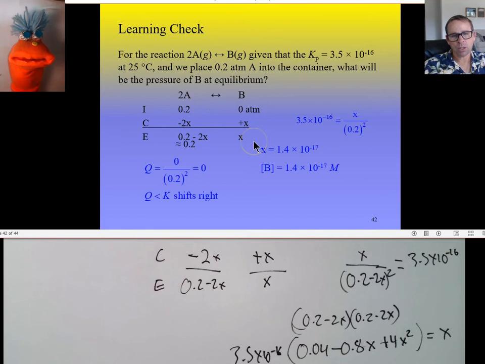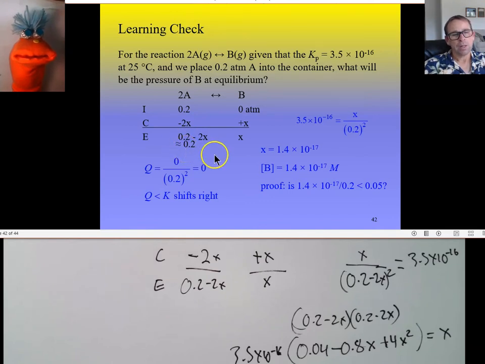If we want to, we can ask: is 1.4 times 10 to the minus 17 divided by 0.2 less than 0.05? So essentially we're comparing the amount of this shift to this value. Another thing you can do is put 0.2 and subtract, not 1.4 times 10 to the minus 17, because we multiply by 2, but 2.8 times 10 to the minus 17. And the answer will be 0.199999999, which is essentially 0.2.